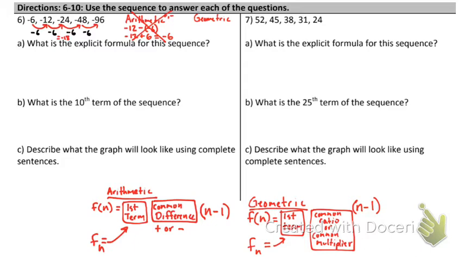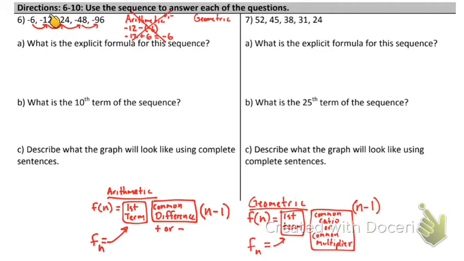So my only other option is to try to figure out if it's geometric. Am I multiplying or dividing something to get to the next term? Okay? So how do I check if it's geometric? It's very similar to this idea. We're going to take 2 consecutive terms. I'm going to take the first 2.